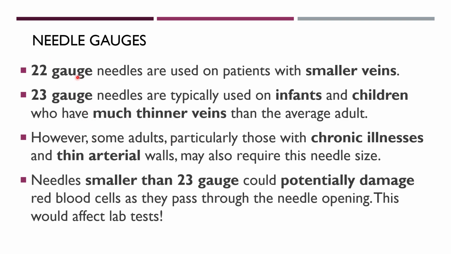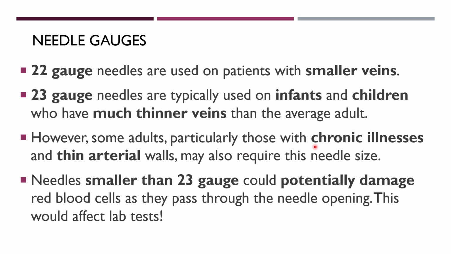Another size of needle which probably can be asked in exams as well is the 22 gauge needle, which is used on patients having smaller veins. In infants and children, because they have much thinner veins than average adults, we have to use a 23 gauge needle, because they have relatively small veins.